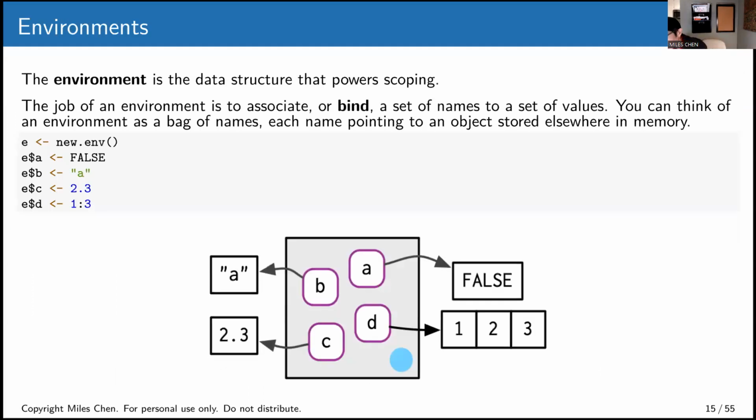All right, let's talk a little bit about this data structure, environments. Environments are basically how we power scoping, and the job of the environment is to bind a set of names to a set of values. You can think of an environment as a bag of names, and we use a bag because there's no order to the names.